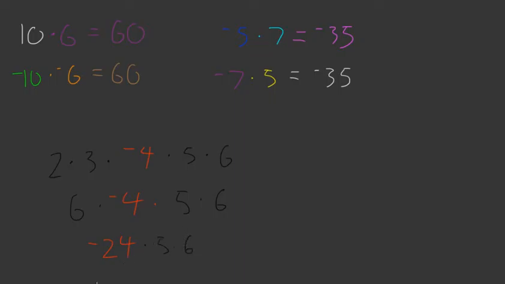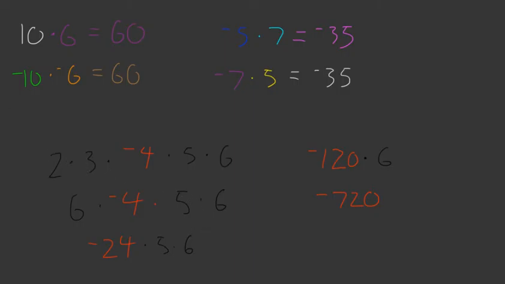If we do negative 24 times 5, it's going to be 120, but that's going to be negative 120, like so. And then it's going to be multiplied by a positive 6, and that is going to result in negative 720. Okay? So that one negative changed the outcome of all the positives. It overpowered all the positives. Okay?